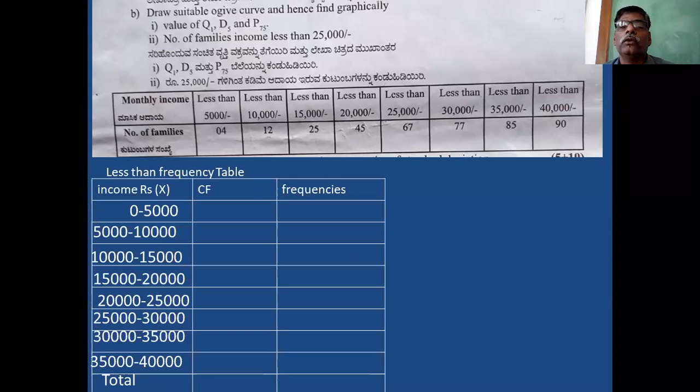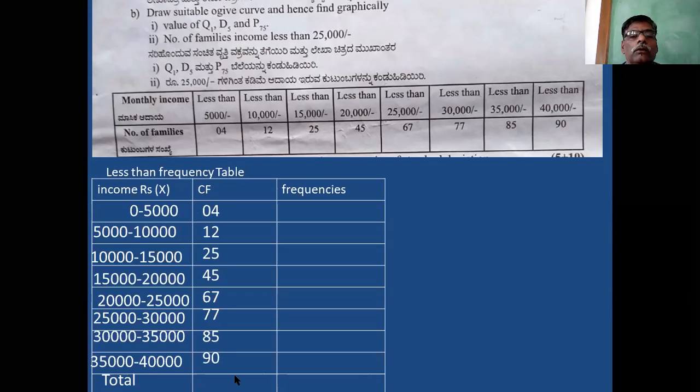If more than values are given, the cumulative frequency given is more than frequency. Remember this. So I have recorded here the cumulative frequency, CF: 4, 12, 25, 45, 67, 77, 85, 90.